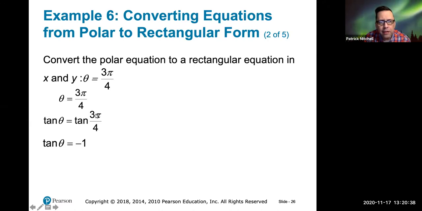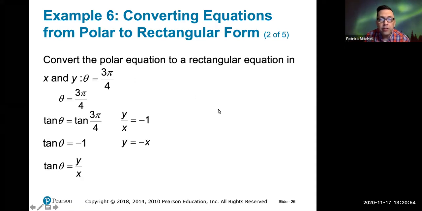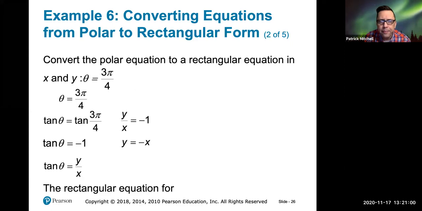Notice that the tangent of 3 pi over 4 is negative 1. So now if we replace tangent theta with y over x, we get y over x equals negative 1, which means that this polar equation theta equals 3 pi over 4 is just the rectangular equation y equals negative x. So that's the equation of a line.